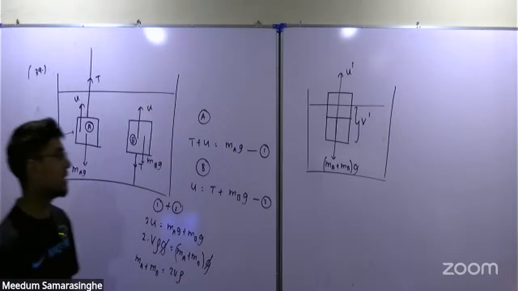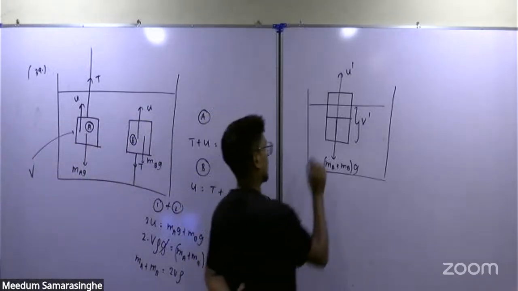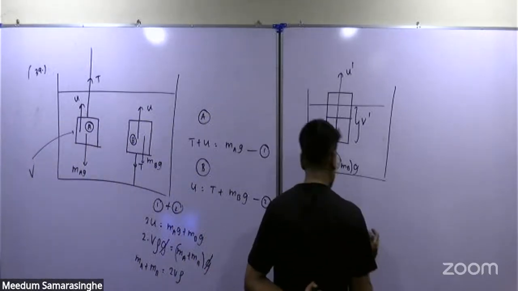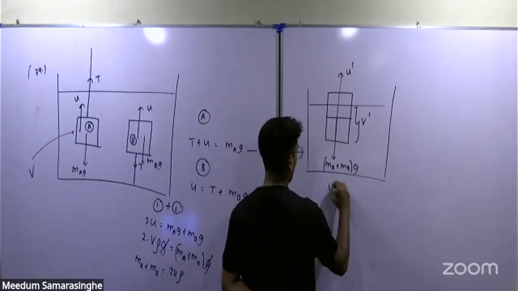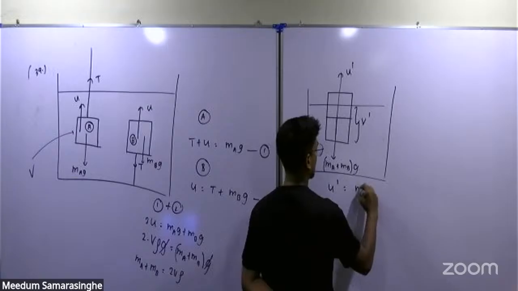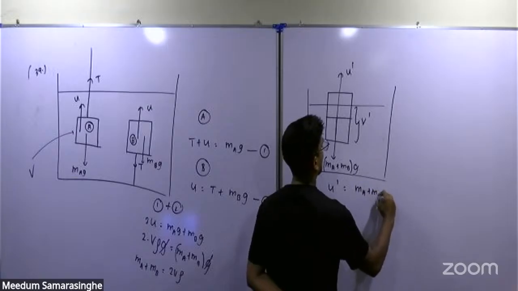Now here, let's assume the cylinder is floating. When you consider the equilibrium, you can write U dash equals MA plus MB times g.